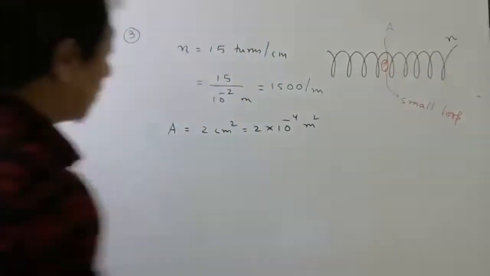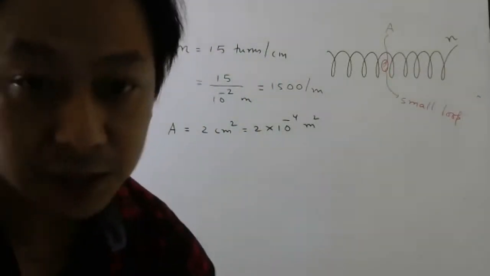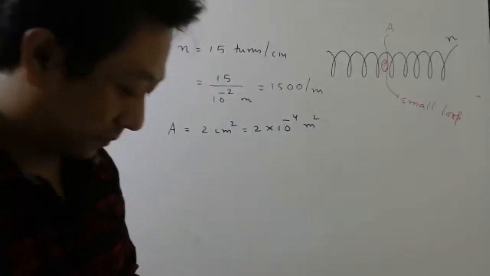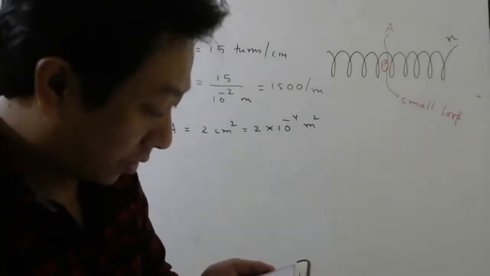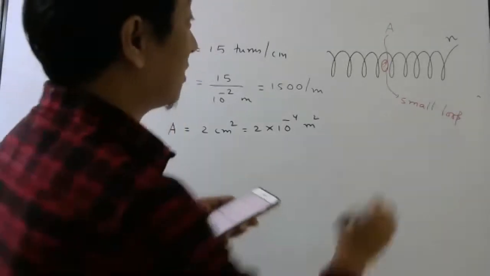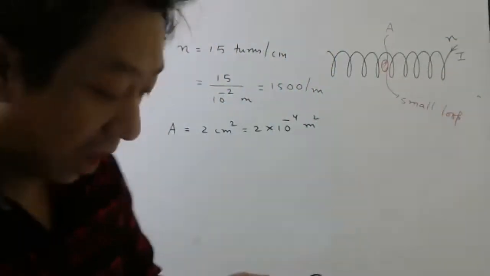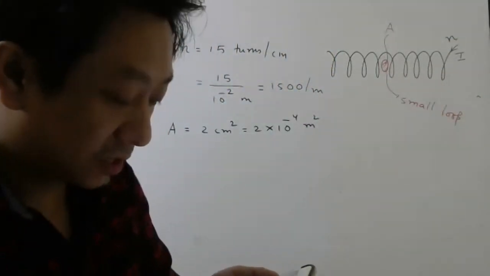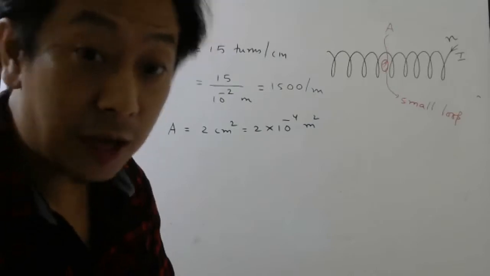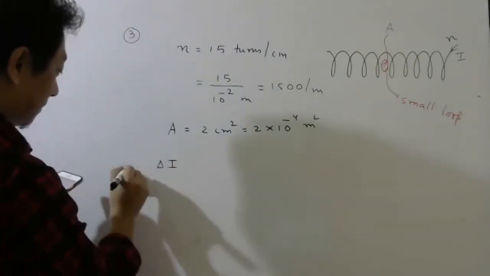By the way, students, if this was radius, what will you write? Pi r square. But let me assume this number is area. Okay, now what they are saying, if the current carried by the solenoid, let us say current here is I. If the current I changes from 2 ampere to 4 ampere, so what will be change in current?